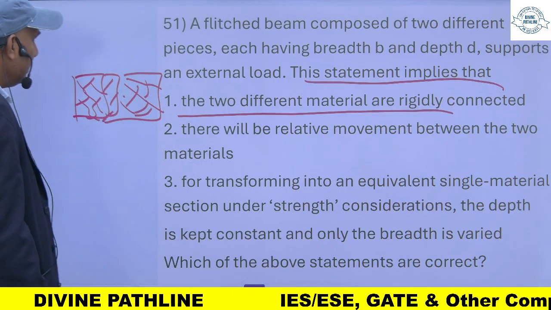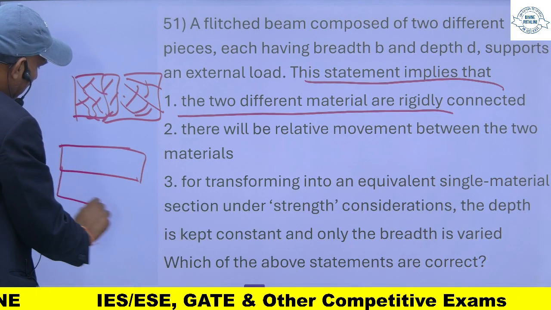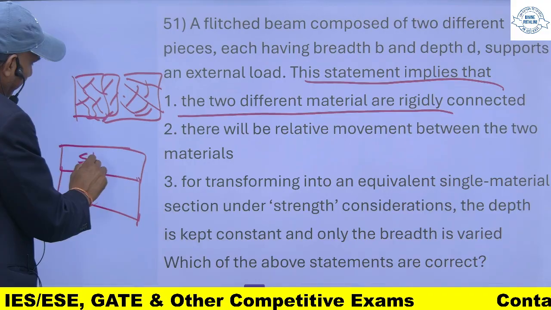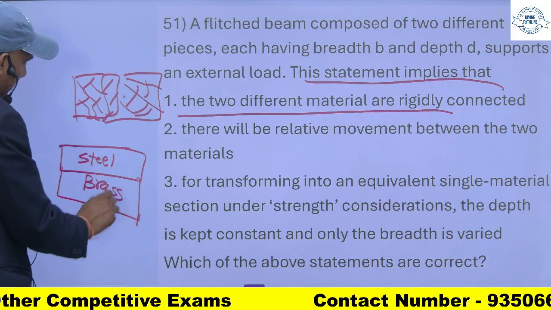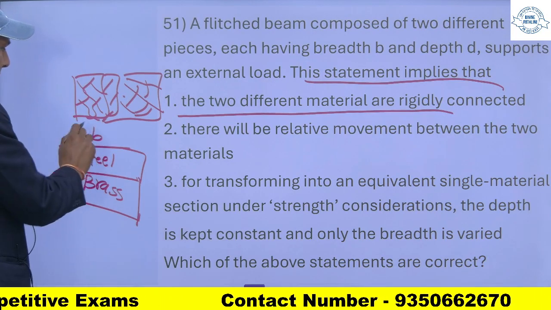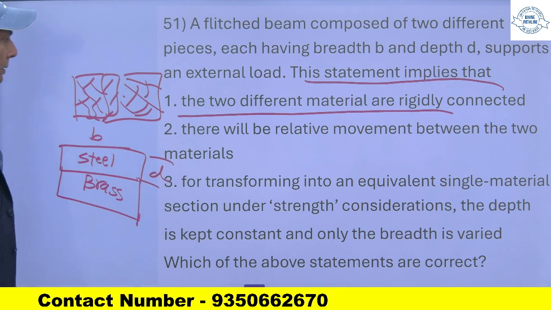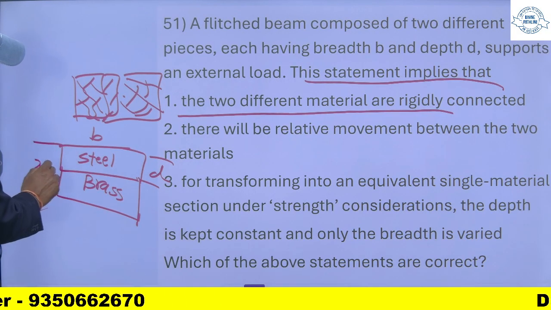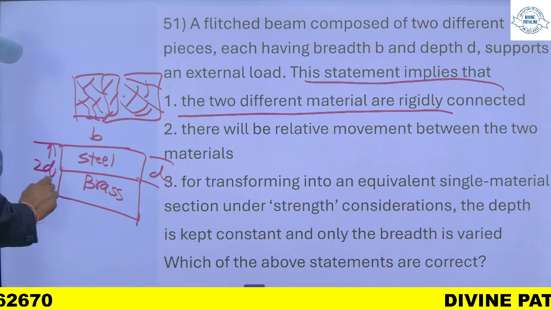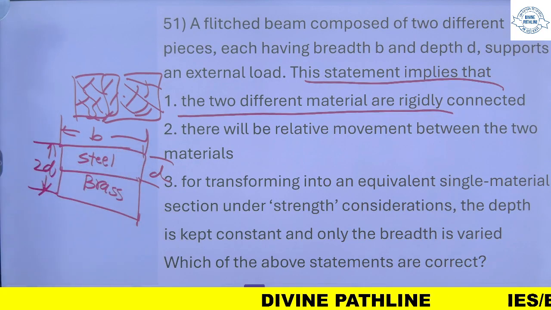So there will be like this, steel and this is brass. So width is B and this depth is D. Now when you glue the two, this depth becomes 2 times D. Now this is B into 2D, a composite one.